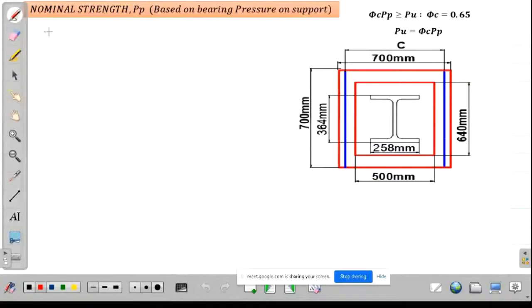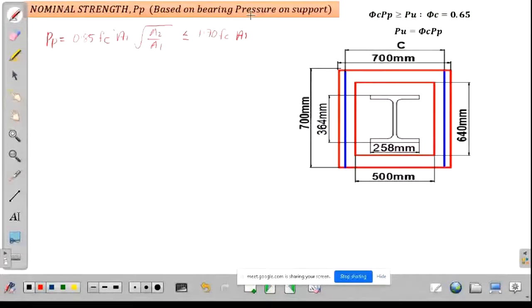So yung equation natin for PP is equal to 0.85 fc prime A1 times the square root of A2 over A1, and this should be less than or equal to our 1.70 fc prime A1.